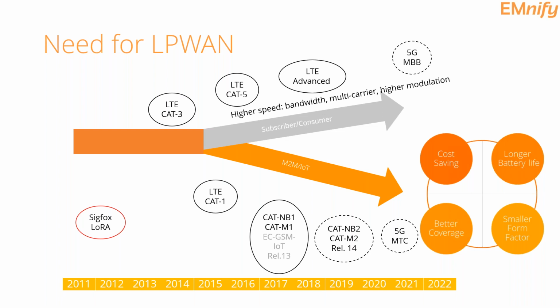A lot of different technologies are introduced, like multi-carrier or LTE Advanced, and everything goes in the direction of 5G mobile broadband, where you're able to stream any HD stream, which gives you, let's say, infinite bandwidth.